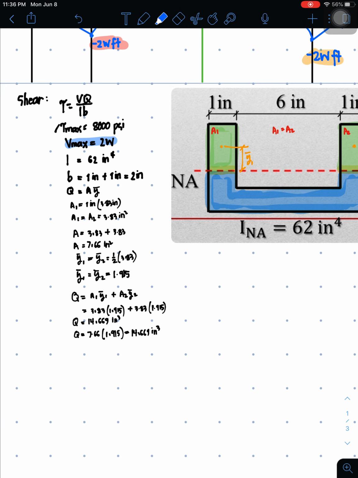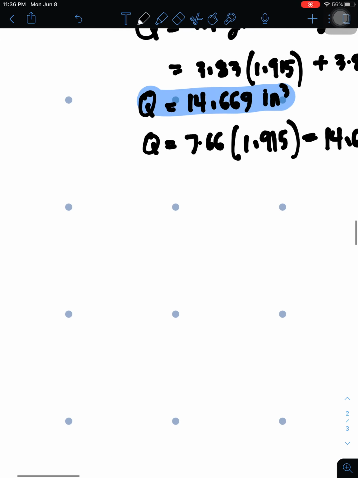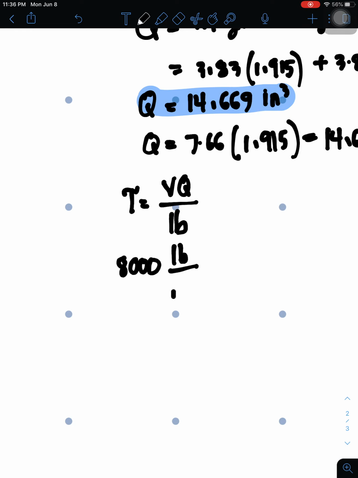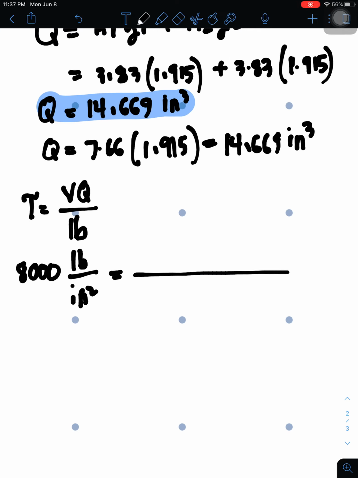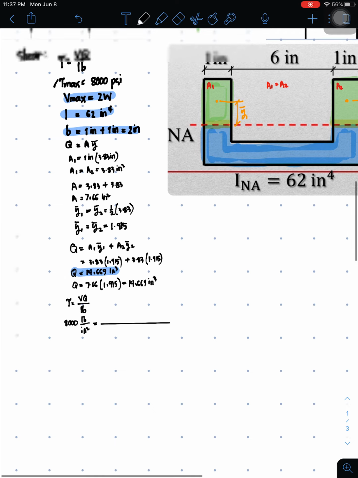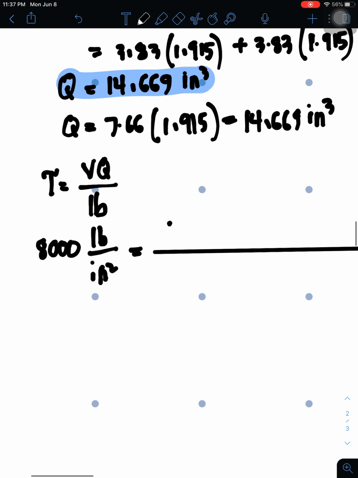So we need V, I, the b, and the Q. I'm going to highlight these. So we substitute. We will obtain the stress as equal to VQ over Ib. And then the stress is 8,000 pounds per square inch, and that is equal to V. The V is equal to 2W.